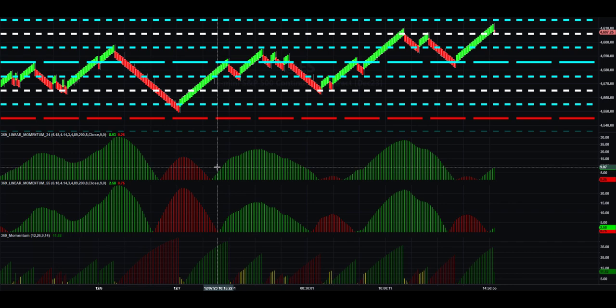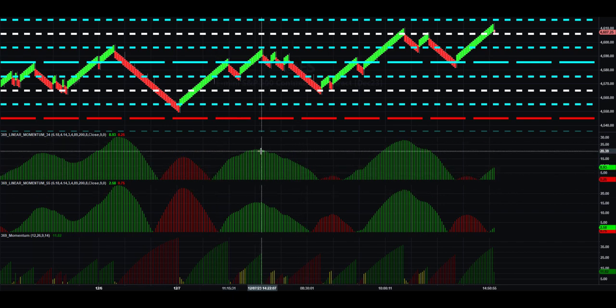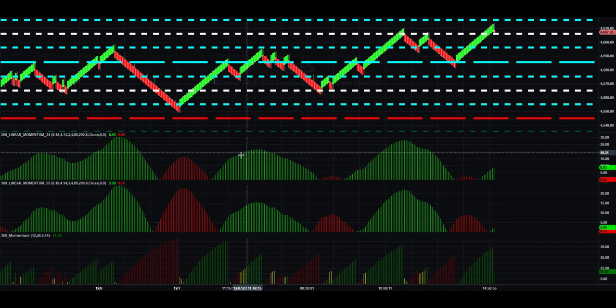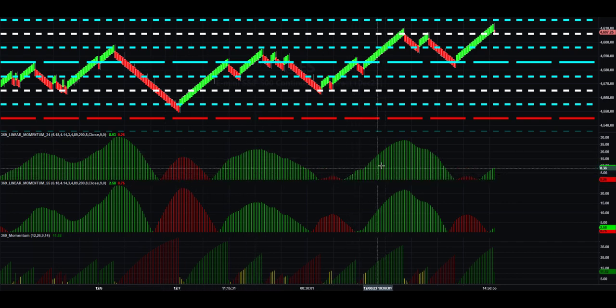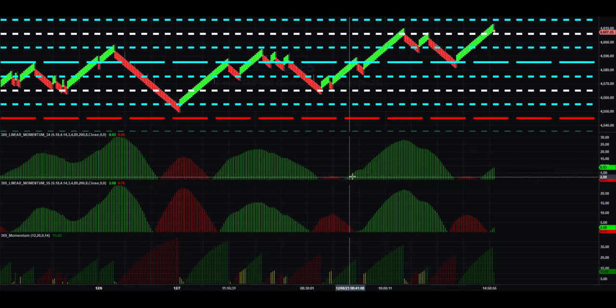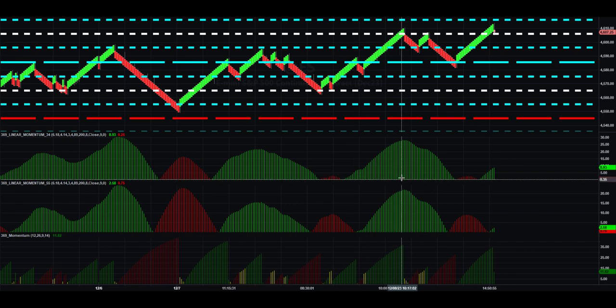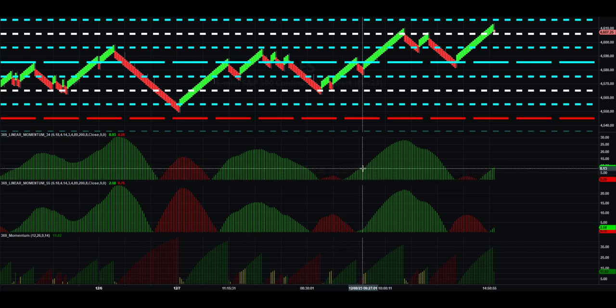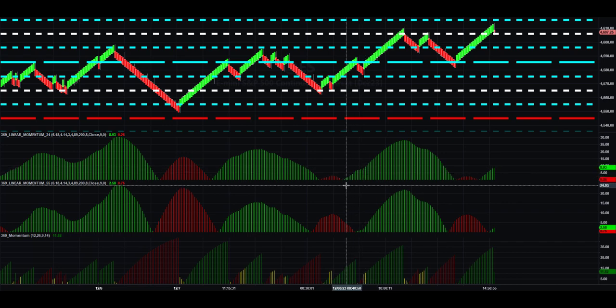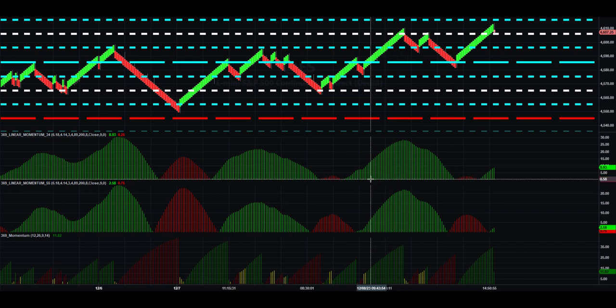To understand the linear momentum, when it is green and rising, during these periods, momentum is on its bullish leg, but the mean is sitting at 0.